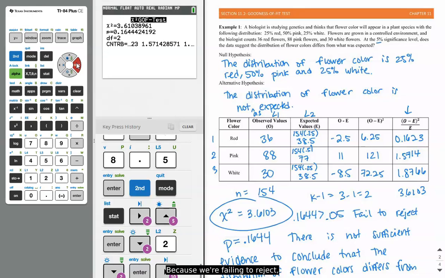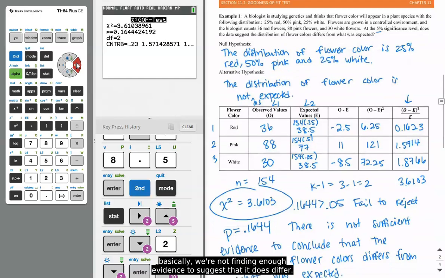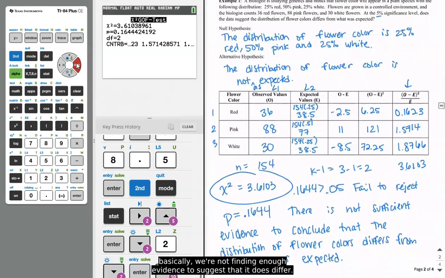So because we're failing to reject, basically we're not finding enough evidence to suggest that it does differ. There's not sufficient evidence to conclude that the distribution of flower colors differs from what was expected.